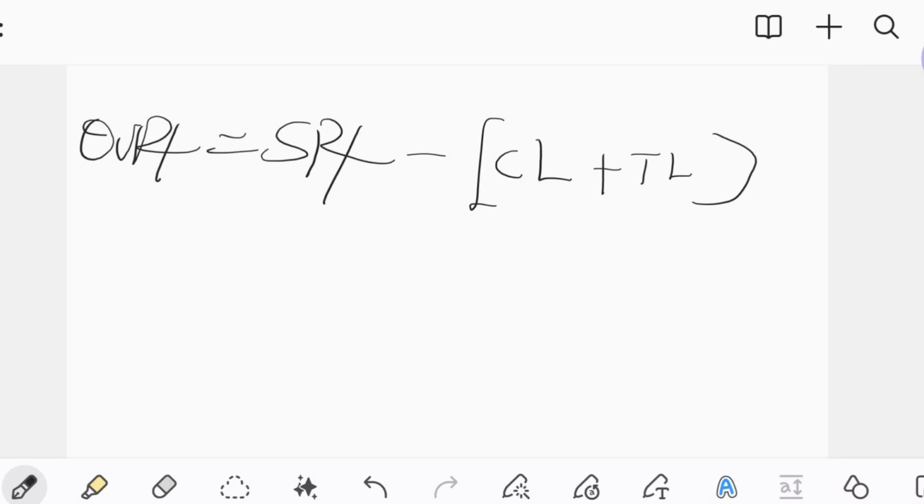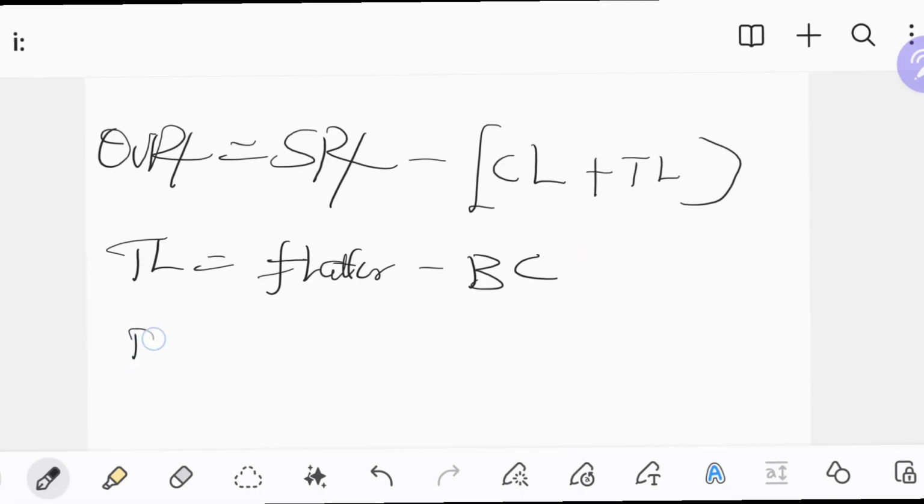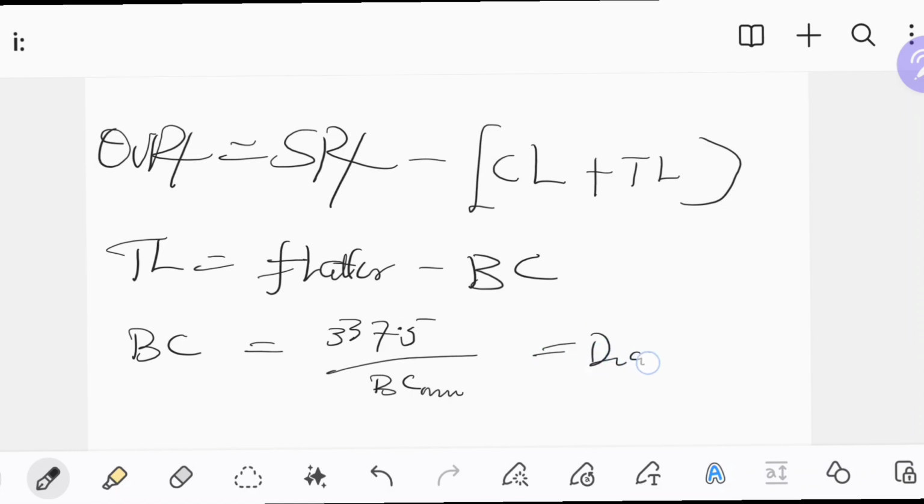The tear lens is always added to the contact lens. To get your tear lens, you subtract the flatter meridian from the base curve. If the base curve is not given in diopters, you have to convert it by using the constant 0.5 over the base curve they give you in millimeters, then you get it in diopters.